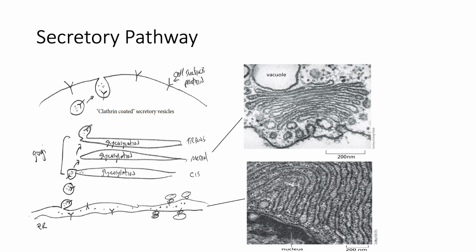Clathrin, for example, would be a trans Golgi retention. It would have a trans Golgi retention sequence because it's there to help build a clathrin-coated vesicle. So proteins will stay there. In the absence of any additional retention sequences, the default is that it gets packaged into the clathrin-coated secretory vesicle, and you can see it makes its way up to the membrane, and then it fuses with the plasma membrane, and the contents are released.